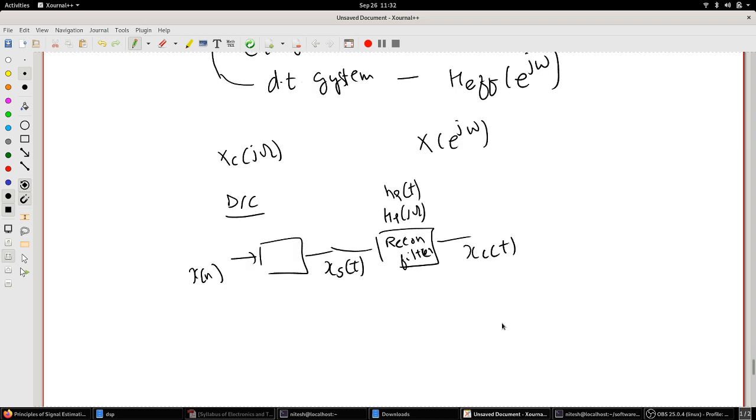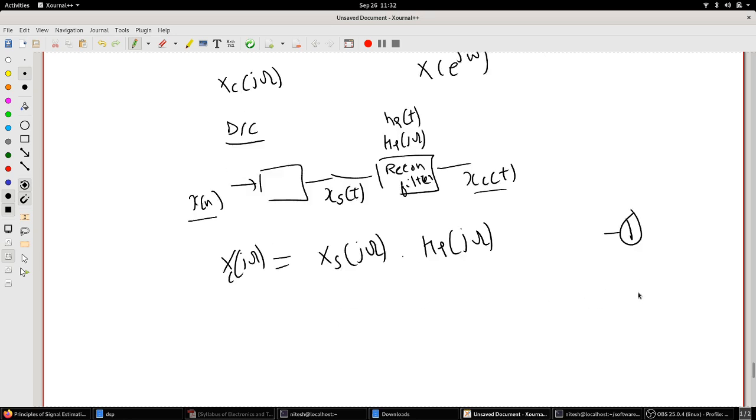So how is x continuous of j omega related to x of n? x continuous of j omega will be equal to xs of j omega into hr of j omega. This is your first relation.